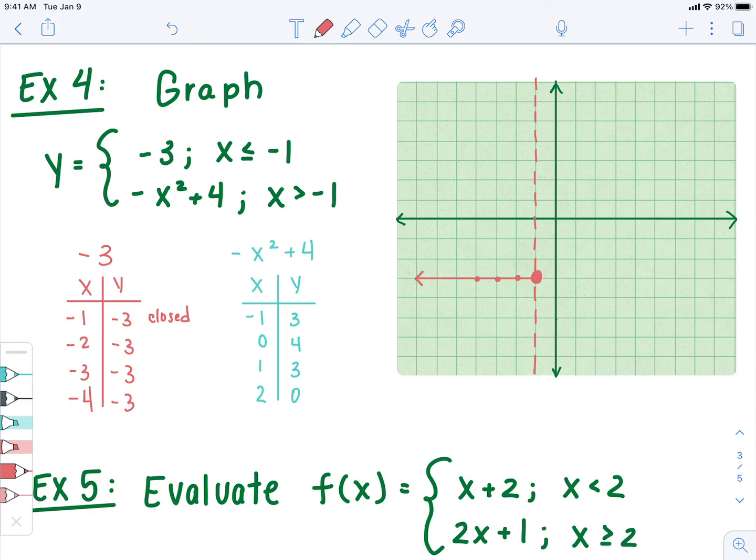My blue function, my -x² plus 4, this is getting an open circle. So I'm going to go to -1, 3. And put an open circle.